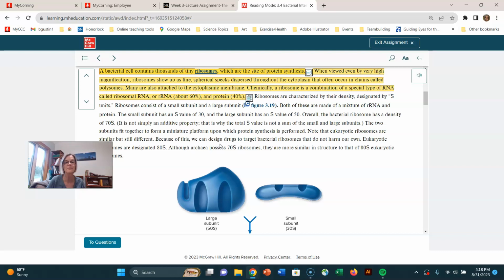Specifically, some antibiotics like streptomycin and tetracycline kill bacteria but don't kill our own cells. Because the ribosomes in bacteria are slightly different than those in eukaryotic cells, it's a great target for a drug. You can kill the bacteria without killing the eukaryotic cell. If you stop ribosomes from working, the cell's not going to survive.